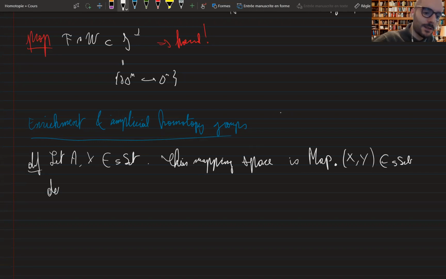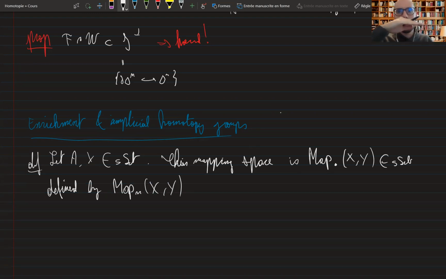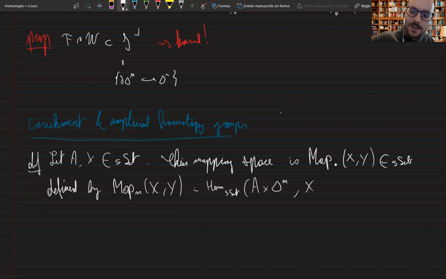It is defined by Map_n between X and Y. So this is a simplicial set. In dimension n, we have the morphisms of simplicial sets, so it's something a bit complicated, right? From A cross delta n into X. Okay. So this, maybe I will write bullets just to.